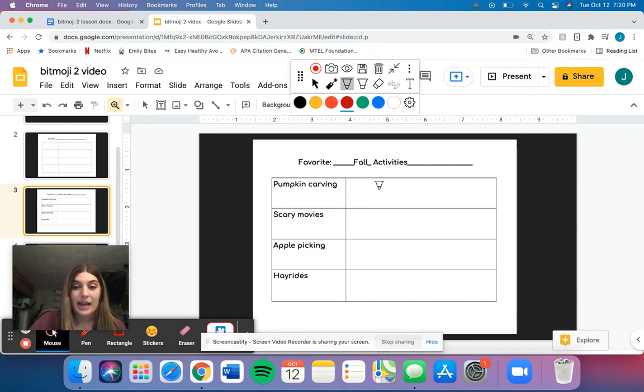So I'll give you a second to quickly think of which one of these is your favorite fall activity. Might not be your favorite of all time, but you have to choose one of the ones that I listed. So, all right. Whose favorite out of these 4 is pumpkin carving?